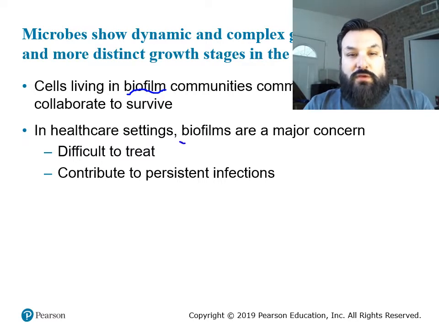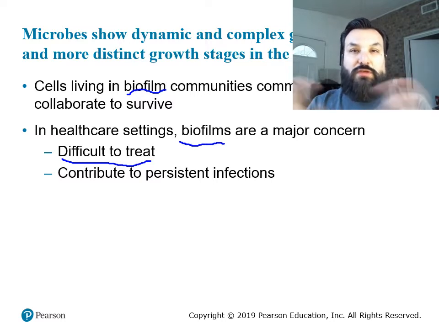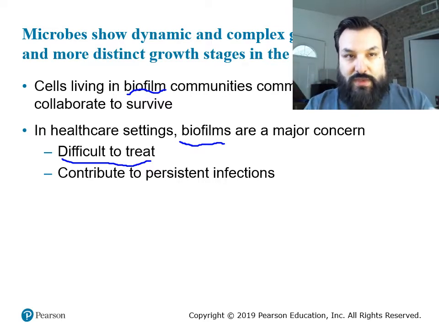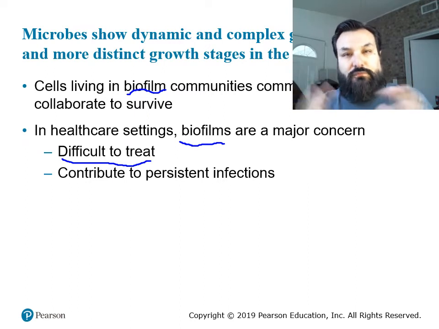Now, what do I mention? Biofilms, of course, I've mentioned this before, but biofilms are notoriously difficult to treat. Really, really difficult to treat because biofilms create a matrix. This chemical composition that the bacteria start to secrete acts very much like a huge slime layer.